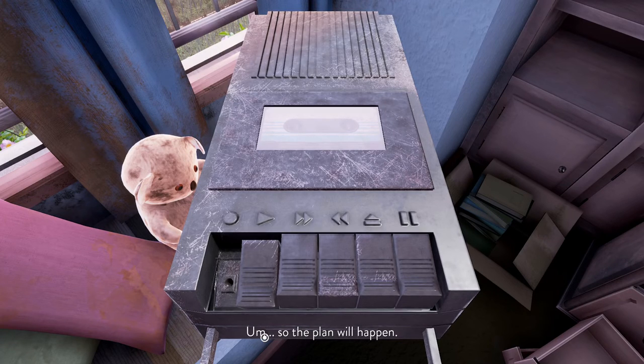So the plan will happen, in spite of our locking down as much as possible here and moving everybody out. CW will stay here, and I'll go to Murray at the last possible moment.